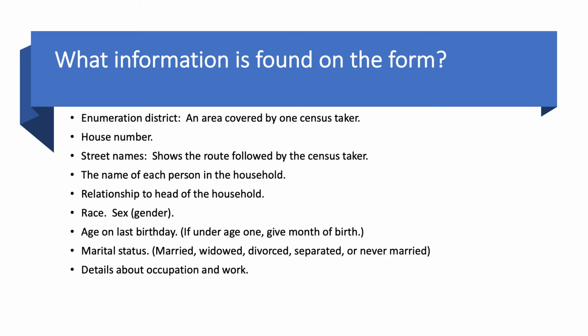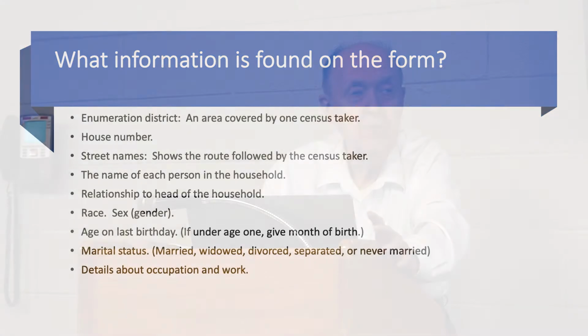It shows the enumeration district. An enumeration district covers an area that one census worker uses. So if you find that your family is in a particular census enumeration district, you can figure that one man or woman covered the whole territory of that district, going house to house.